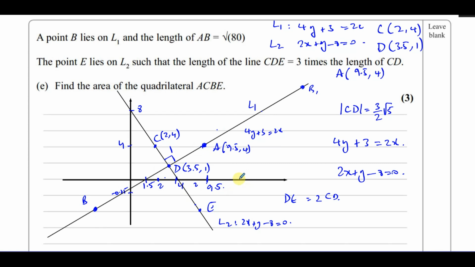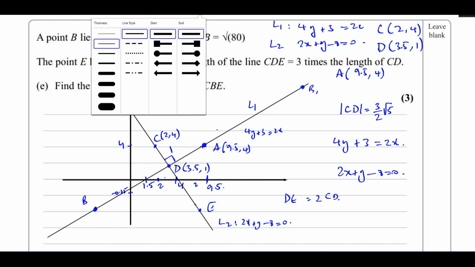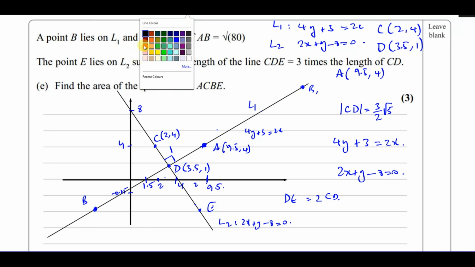So then it says find the area of quadrilateral ACBE. So it could either be this quadrilateral here, which I'll just draw. Let me choose a color to draw in.